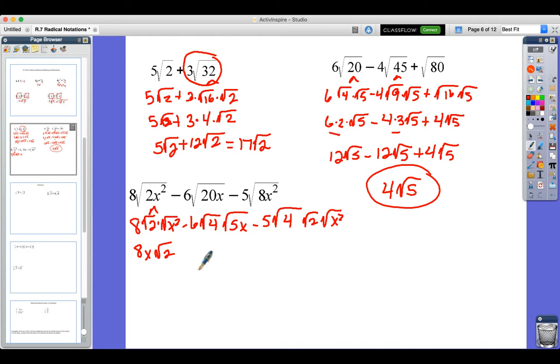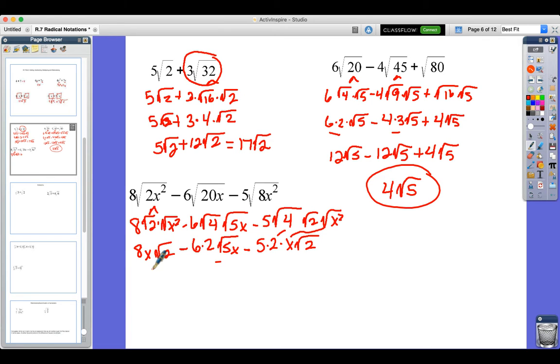Here, the 4 factors out, so it'll be 6 times 2, and you're left with radical 5x. And then here, the 4 and the x simplify. You get 5 times 2 times x, and you're left with the radical 2. So understand that came from there, and that came from there.